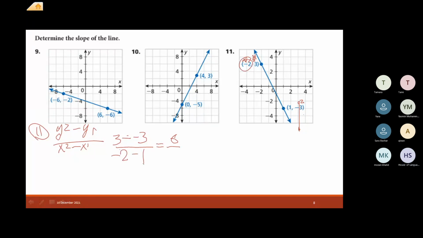Negative 2 minus 1 is negative 3. So 6 over negative 3, which is negative 2.